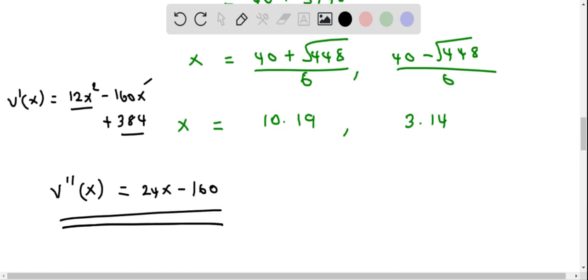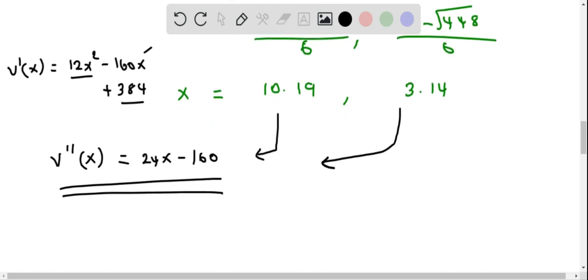Now we should plug in both values and find at which point the volume is maximum. That is, when the second derivative is negative, it is a point of maximum. So if we plug in 10.19 into this, we get 24 times 10.19 minus 160.